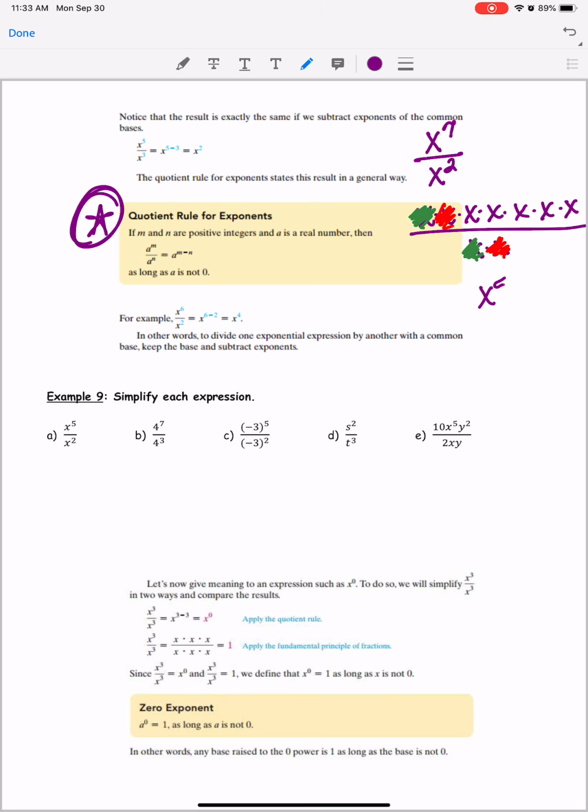We get x to the 5th. Again, how could I have gone from my problem to my actual answer? Just subtract. So that's what we're saying right here. You have a to the m over a to the n. We are subtracting exponents.